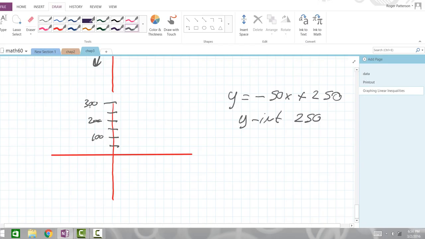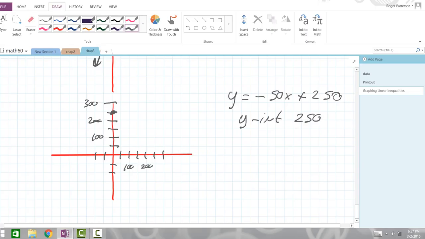All right. So if I go by hundreds here, do I need to go by hundreds there? It's good that you do, or else your graph gets distorted. So it'd be 100. You don't have to, but it's a good idea. 200 there. Okay. What's the y-intercept? 250. Put a mark there.